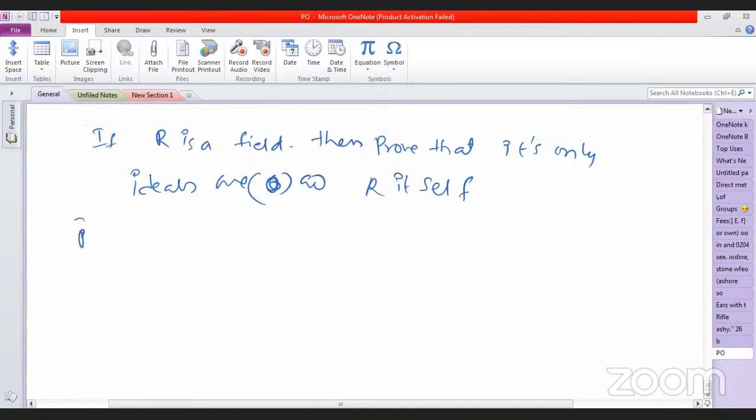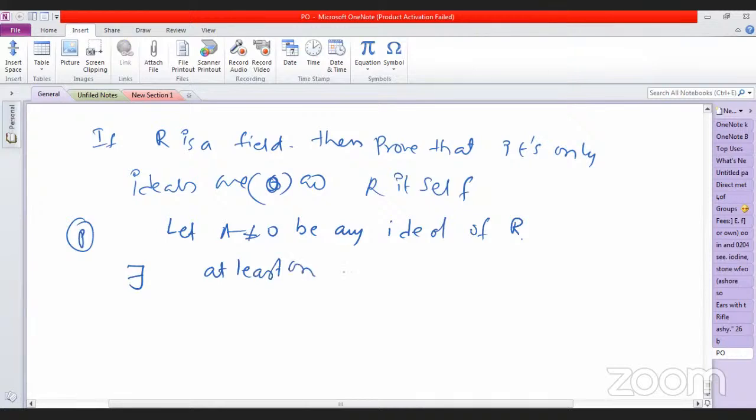So then we have to take a proof here. Let A not equal to 0 be any ideal of R, then there exists at least one element a belongs to A such that a not equal to 0. Now a belongs to R and a not equal to 0.